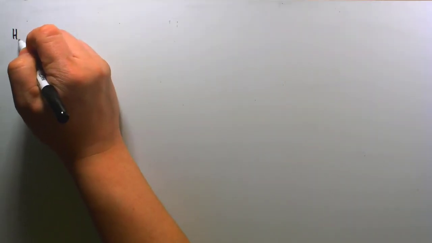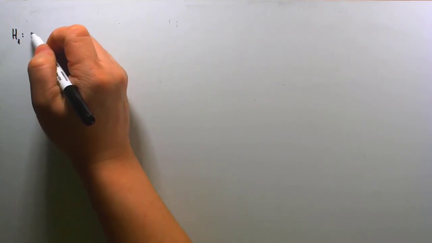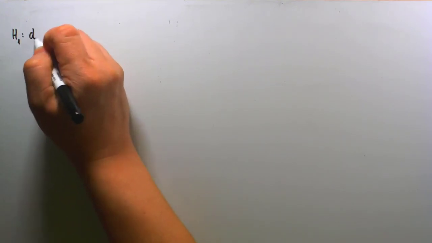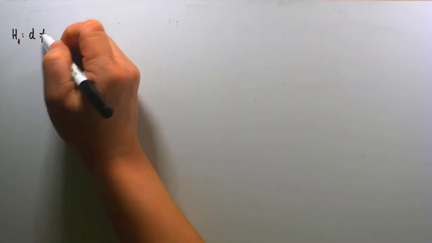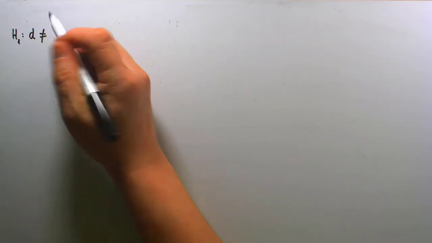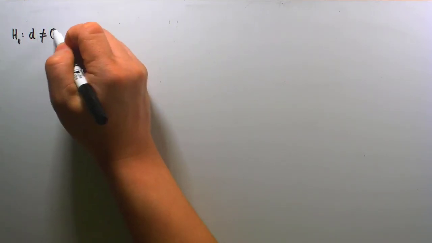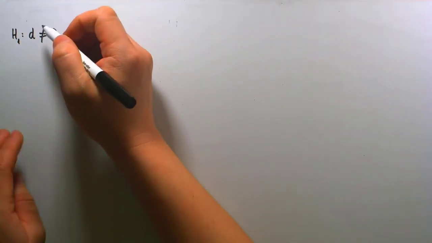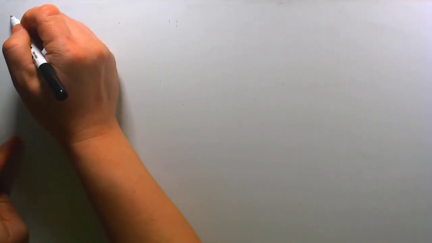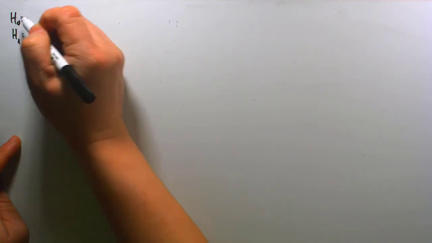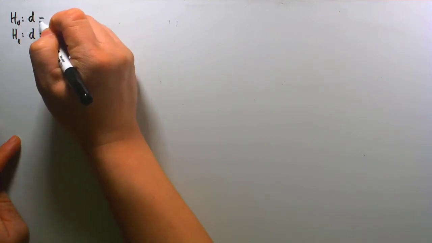Our alternative hypothesis is the easier one to find. And just like what I was addressing earlier, in our H1, the alternative hypothesis, we're trying to say D is other than 0. And now once we have H1, then H sub 0 can be easily written as D is equal to 0.